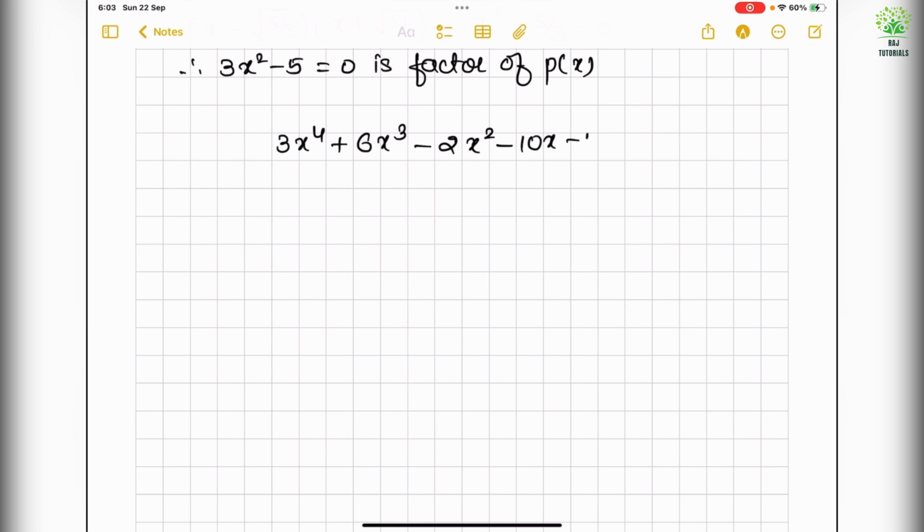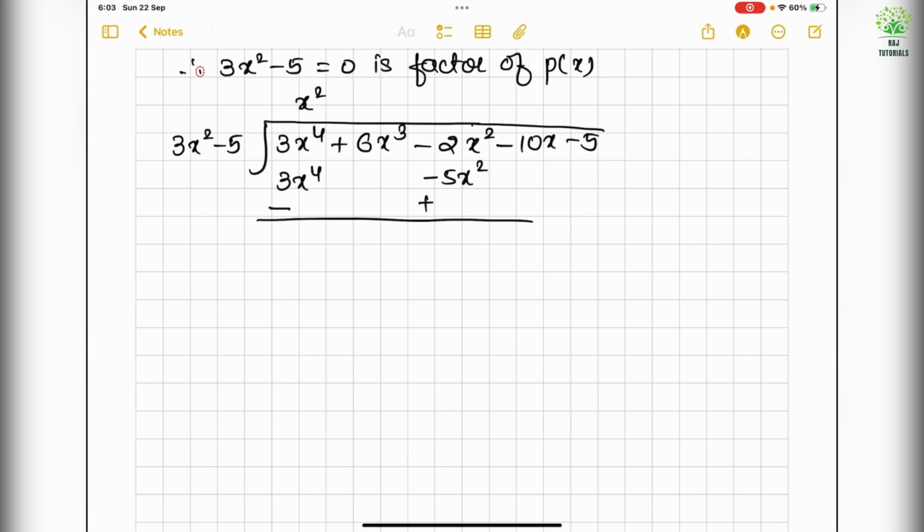So I am given 3x raised to 4 plus 6x cube minus 2x square minus 10x minus 5 by 3x square minus 5. So with x square I will multiply. So 3x raised to 4 minus 5x square.